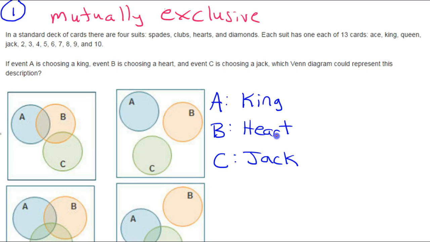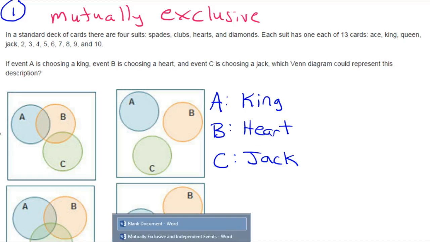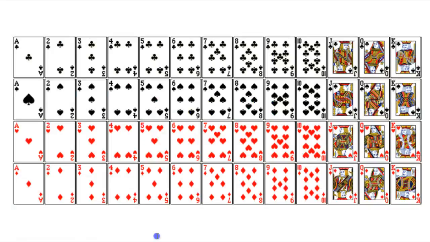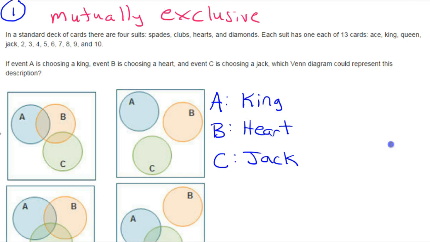So, for example, can you be a king and a heart at the same time? Well, sure you can. You could be the king of hearts. You can be a king and a heart at the same time. So, event A and event B are not mutually exclusive. They can both happen at the same time.